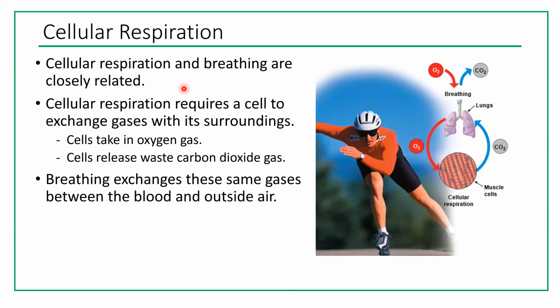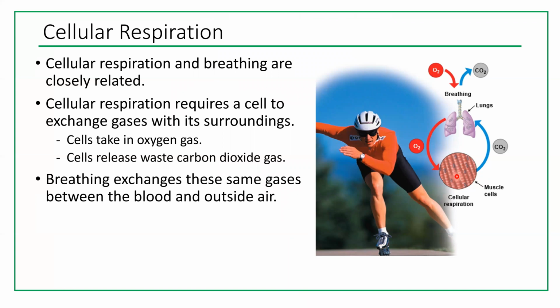Cellular respiration and breathing are closely related. No wonder we call it cellular respiration. What happens during respiration? When you breathe, oxygen goes in, carbon dioxide out, right? So now look, when the oxygen you breathe goes inside your lungs, from lungs it goes to your blood, and then it's delivered to your cells, like muscle cells of this guy.